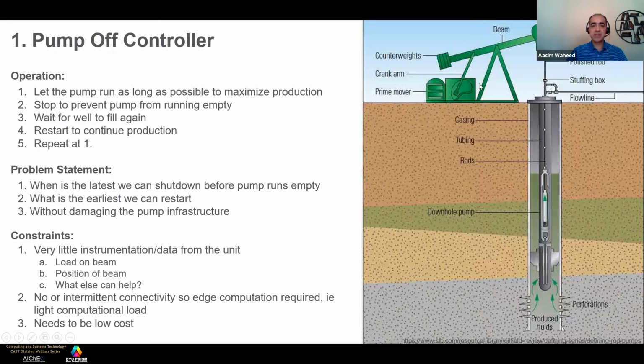And if you do want any extra instrumentation, how much would that cost? And how much increased efficiency will that additional cost bring in? And if your computation needs a lot of computational power, will that be additional cost that you'll have to put right at the well?